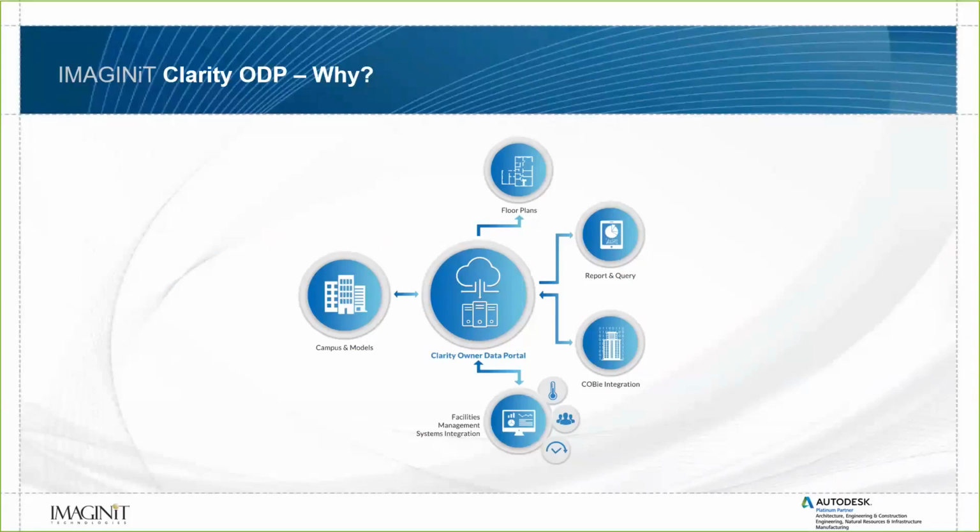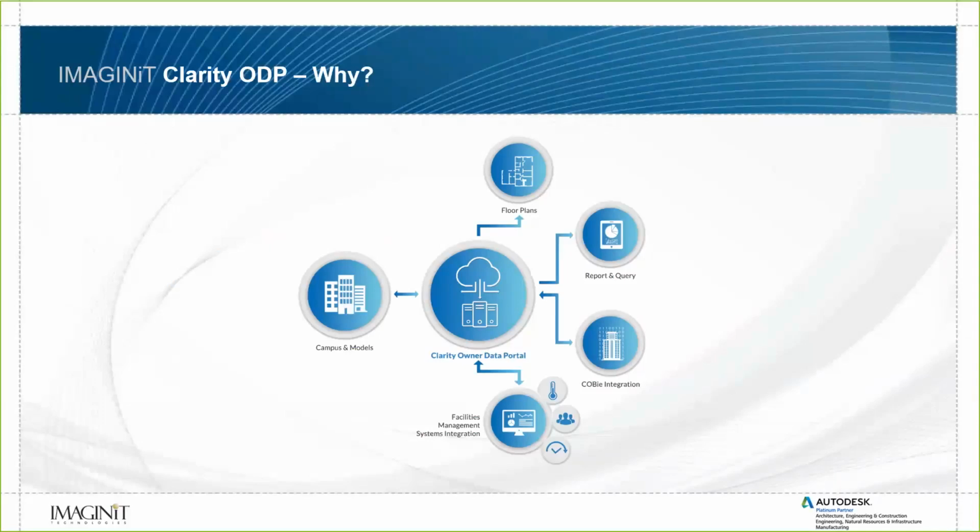Or if we take data in the Clarity world and modify it to some extent, whatever it might happen to be, let's push those data changes back into the Revit files so that they stay up to date. That's the whole idea of Clarity: providing you easy access and a way to get information to where it needs to go.